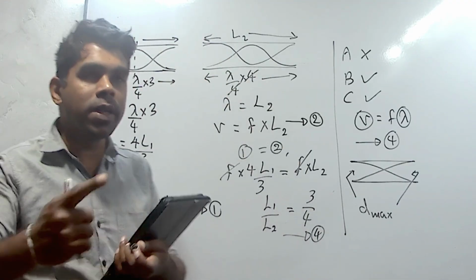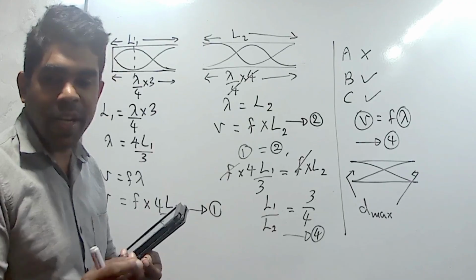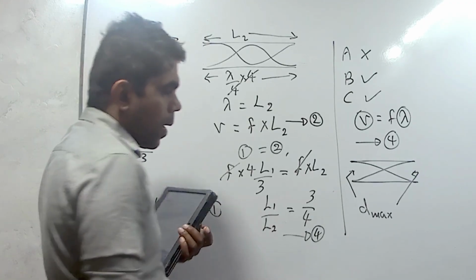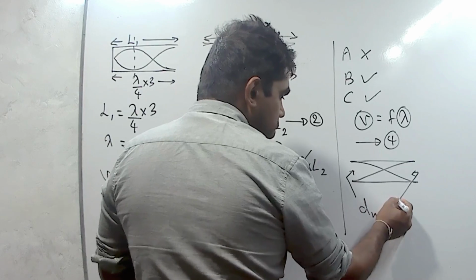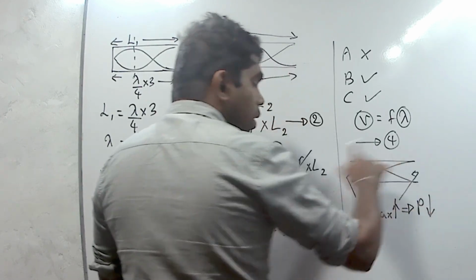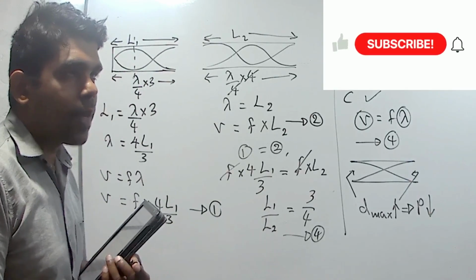When displacement is maximum, pressure is minimum. Therefore, we can consider it as a pressure node. Displacement maximum, pressure minimum. Therefore, we can observe pressure nodes at both ends.